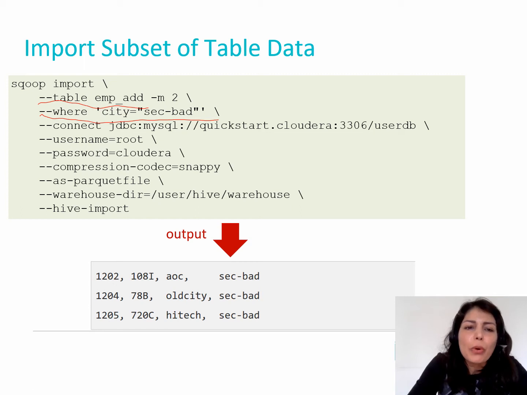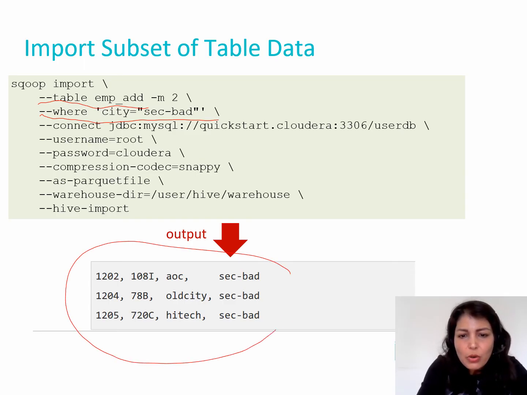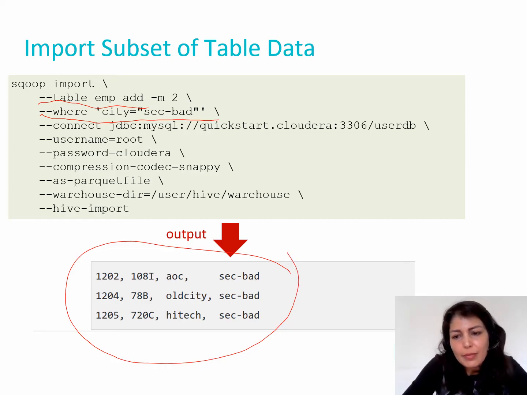We want to import the imp add table, but not all the records, only the records where city is equal to secpat. The other arguments are the same as before. As you can see in the output, we are importing this table, but only those records where city is equal to secpat. This is the way to import a subset of a table, not the whole data.